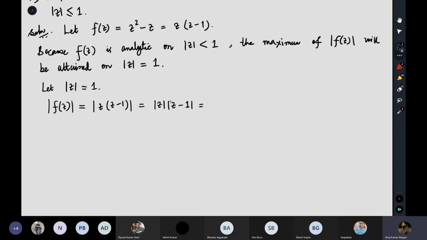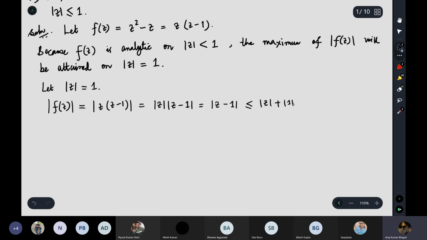Mod z is 1 by my condition, so I simply eliminate it and am left with mod (z minus 1). Using the triangle inequality, this is at most mod z plus modulus of 1, which is nothing but 2. Therefore, modulus of f(z) is less than or equal to 2 for all z such that mod z is 1.